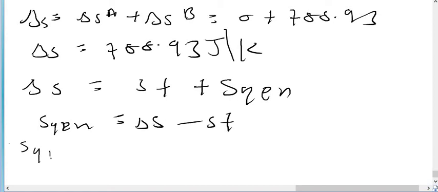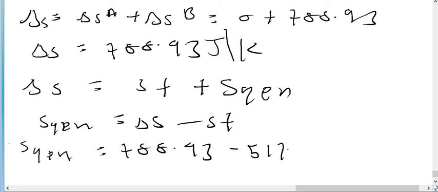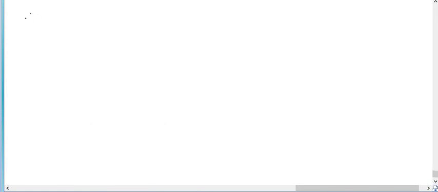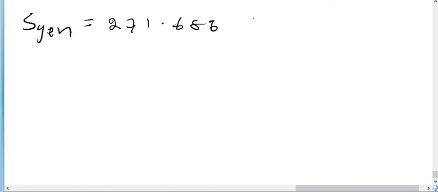So the S generated is equal to 0.93 minus 517.24. By subtraction, the entropy generated is equal to 271.6 joule per Kelvin, which is greater than 0. The process is irreversible.